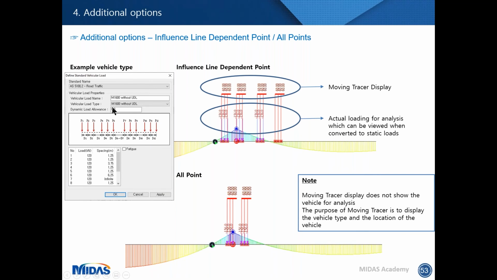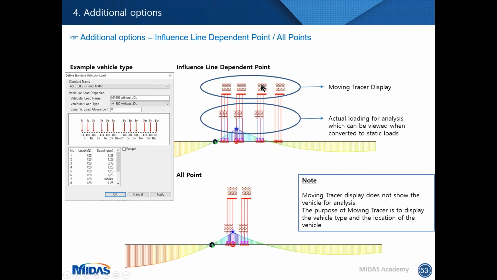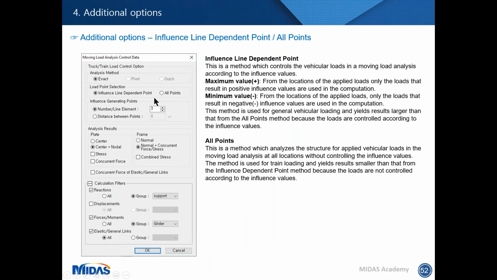So let's say we have inputted M1600 vehicle without UDL, and I use influence line dependent point option here and see the result. And here's another result when I used the all point option.